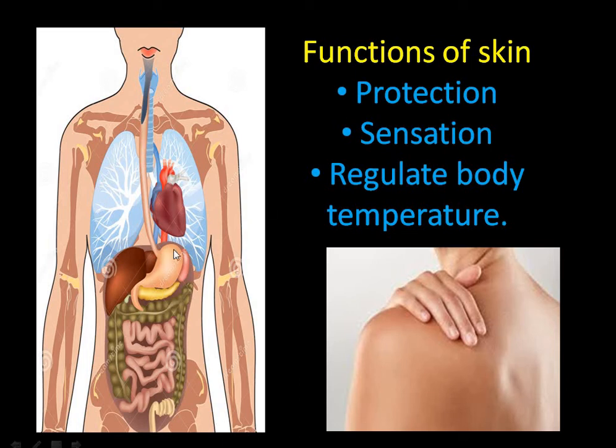So what are the functions of the skin? First function is protection from the outside world. Then sensation, whether pain or cold or hot or a hard, rough surface we are feeling. All those messages are sent to the brain that yes, I am feeling this type of surface. And then the skin also helps to regulate the body temperature.